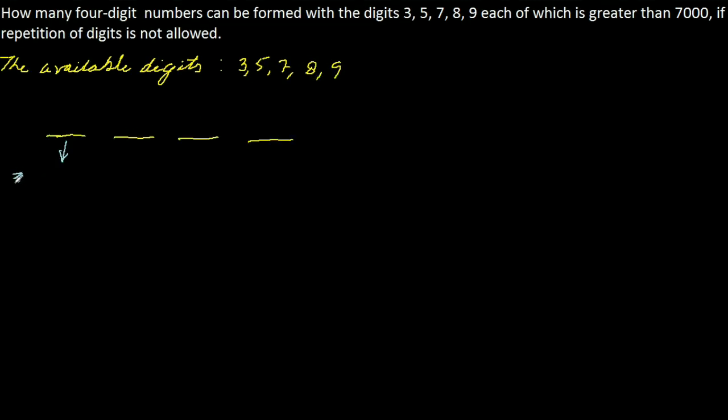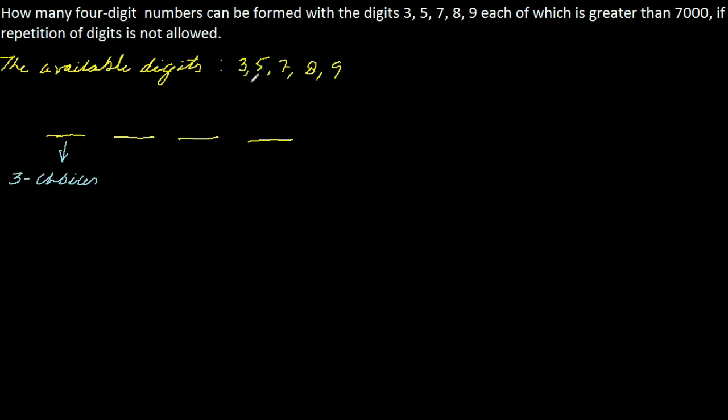Since every number must be greater than 7,000, the 1000 place has 3 choices, that is 7, 8, 9. For the remaining 3 places, we have 4 available digits, because one digit is fixed at the 1000 place. So leaving that digit, we have 4 remaining digits to fill the remaining 3 places.